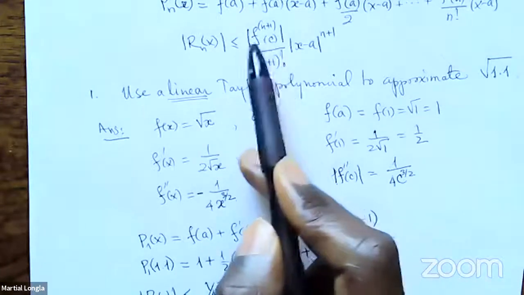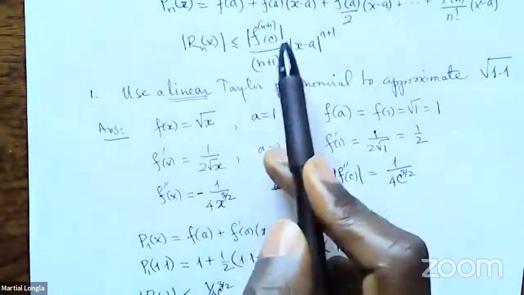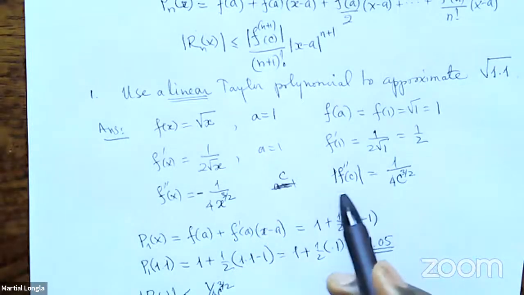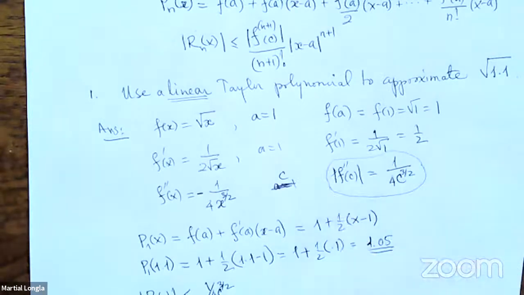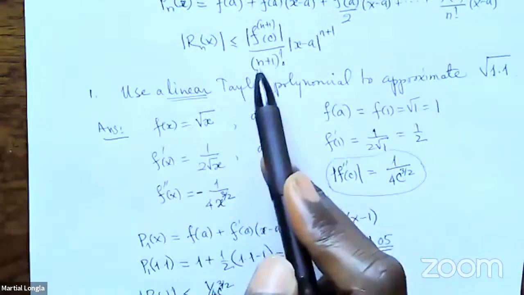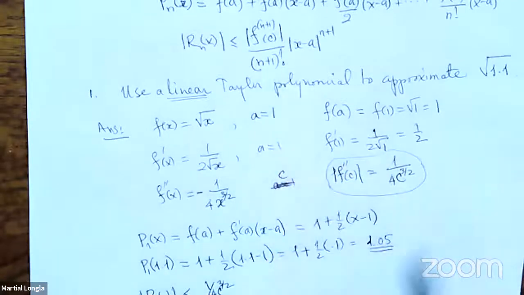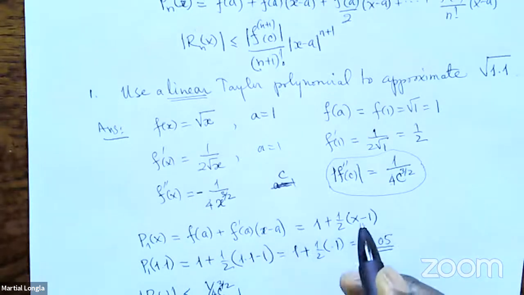This is the absolute value of the second derivative at c, which is what I computed here. That goes here, divided by n is 1, so n plus 1 is 2, factorial 2 is 2, times the absolute value of x minus 1 squared. And now we need to find a bound on this.